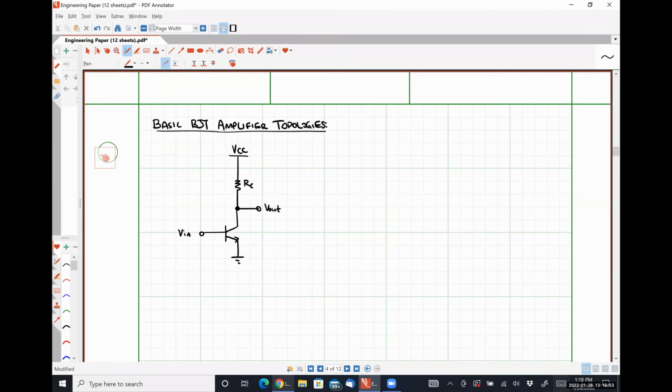Okay, so this is common emitter, right? So any amplifier in which we apply our input signal at the base and measure the output voltage at the collector is a common emitter amplifier. Okay, it's called a common emitter because in its most simplified form, the emitter is at the common or ground potential.